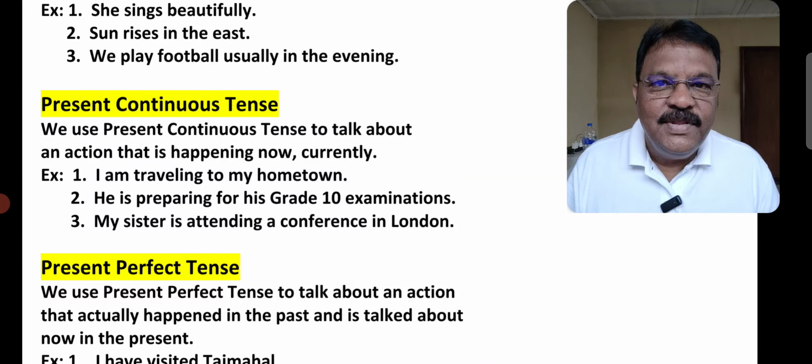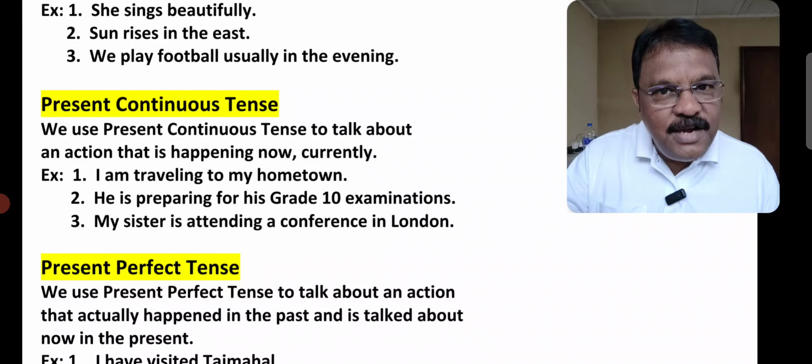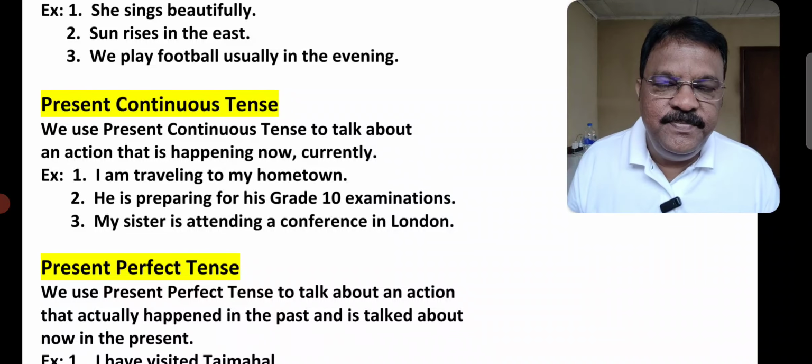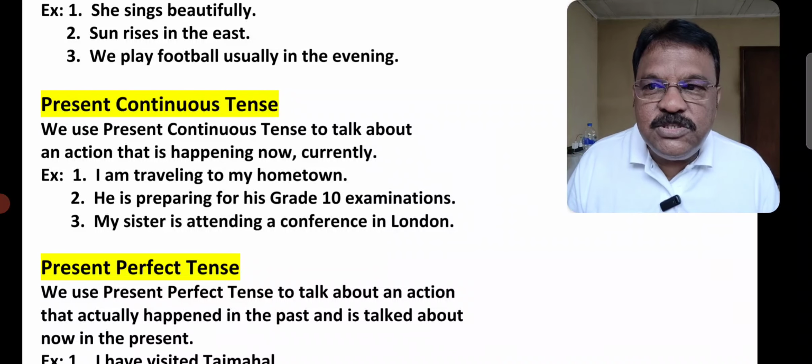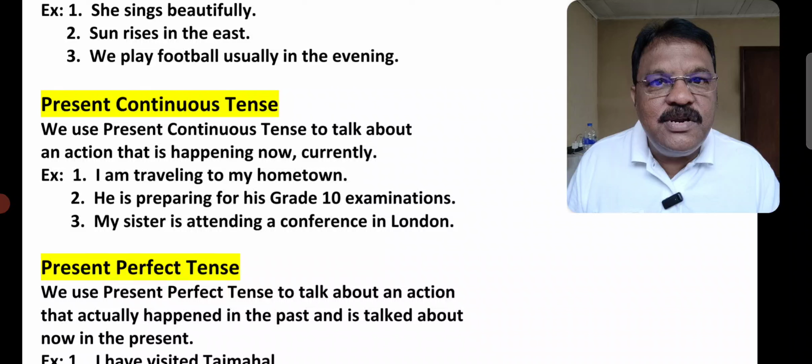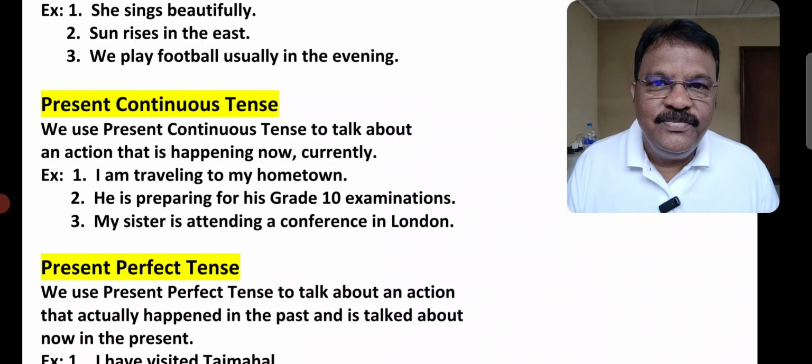This action, when we use present continuous tense, does not happen always. It happens only now, and it's happening now, currently. So we use present continuous tense to talk about an action that is happening now, currently. Got it? Look at our example.